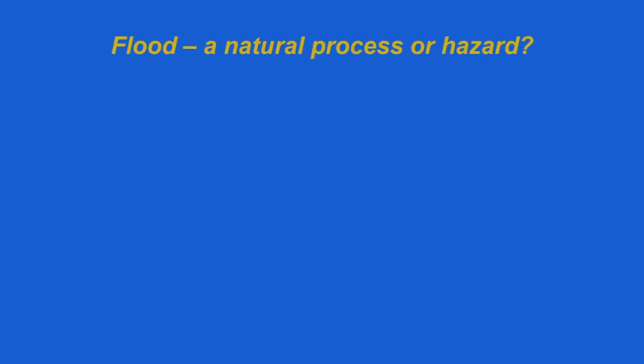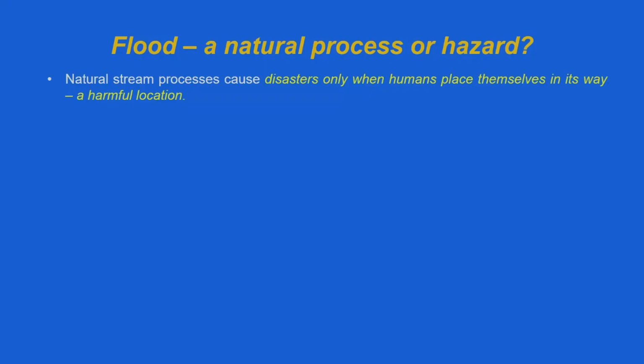So, flood usually is a natural process, but there is a question again which one can put in, whether it is a natural process or natural hazard or it is a man-made one, okay. Anyway, we will just look at this, okay. So, natural stream processes cause disaster only when humans place themselves in its way, and that is what we say a harmful location, okay.